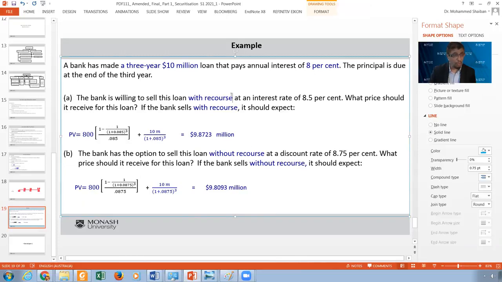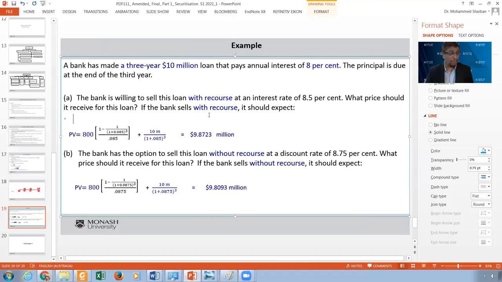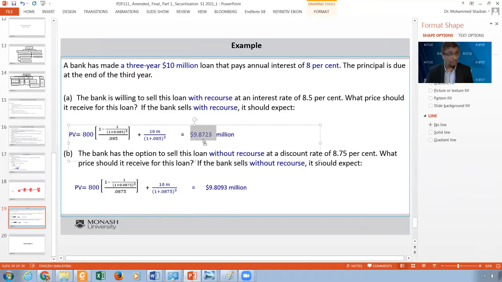When we talk about participations, the originator is still responsible for the credit risk, and therefore they will sell the loan more expensive, which means they are using 8.5%.